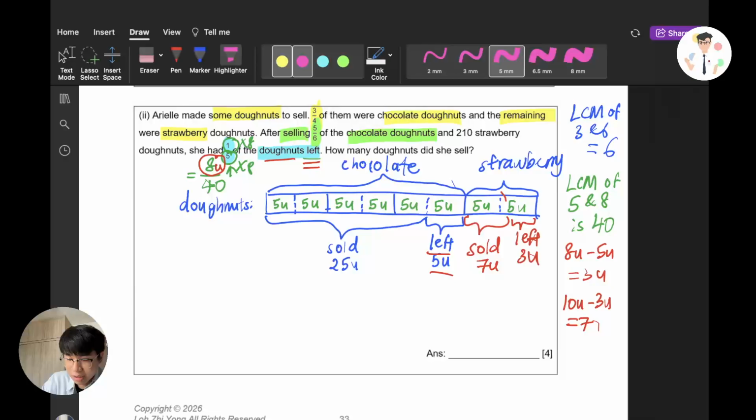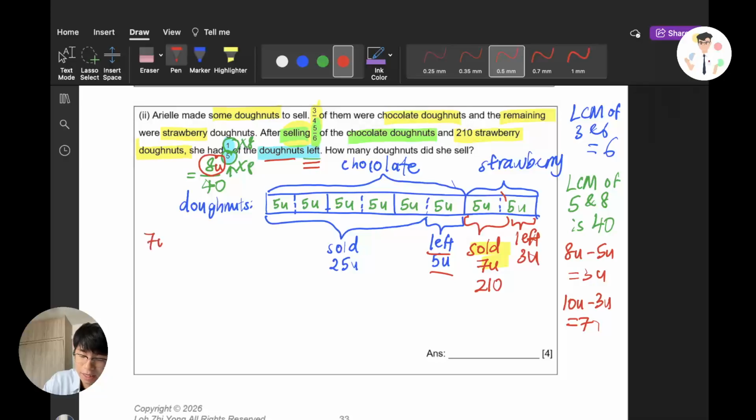Do you notice that we mentioned about 210 strawberry donuts? This is what we sell. So I now know that this 7 unit actually refers to 210. So again, 7 unit is 210. Then I know 1 unit is 30.